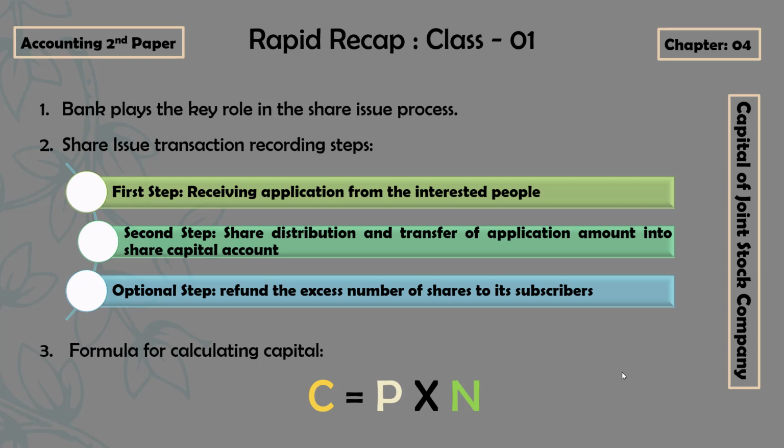Then if we got an excess number of shares, we refund it to the subscribers. Then comes our important formula, that is capital equals price per share into number of shares outstanding.